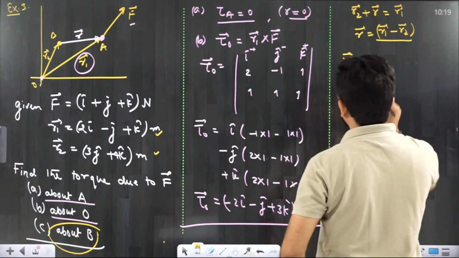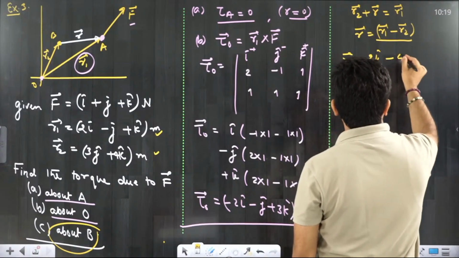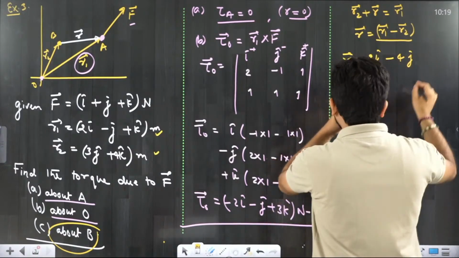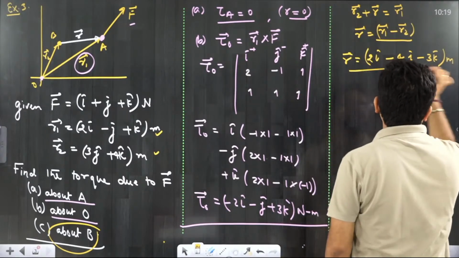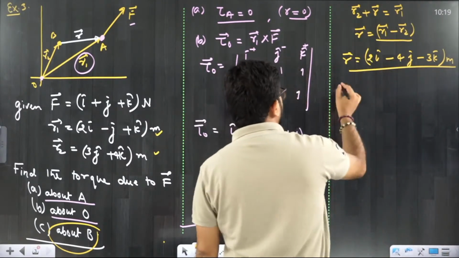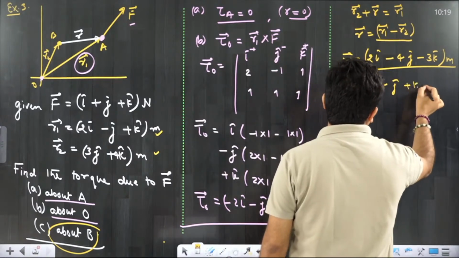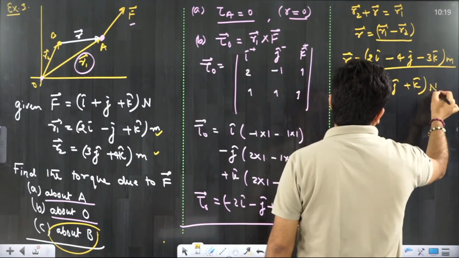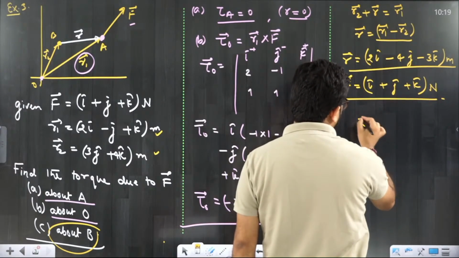You will get 2 i cap minus 4 j cap and minus 3 k cap, and this is in meter. We know the R vector. We know the force, force is also given to you, that is equal to i cap plus j cap plus k cap in Newton. And using this, we can calculate the torque about B vector.